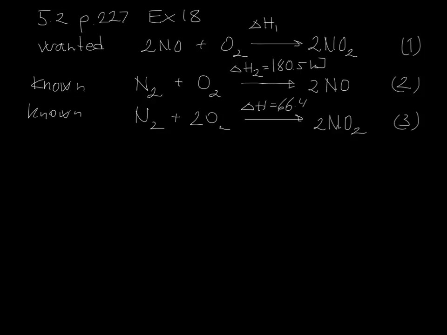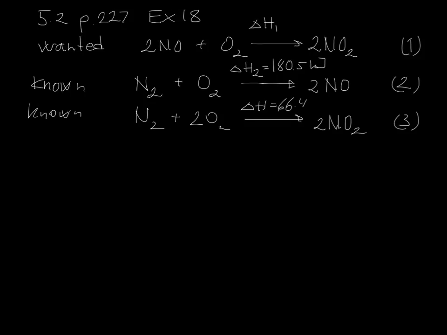If we look at number 3, we produce nitrogen dioxide, so this one is perfect to use as it is, because we produce the right thing. If we look at number 2, you produce nitrogen oxide, but in the wanted one you consume nitrogen oxide. So we can't use number 2 as it is.